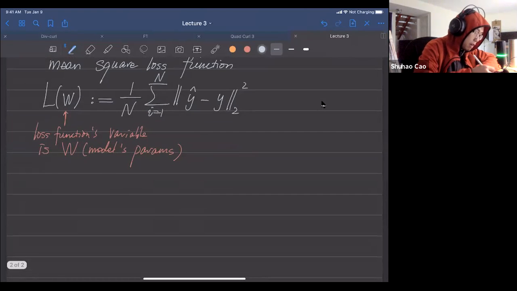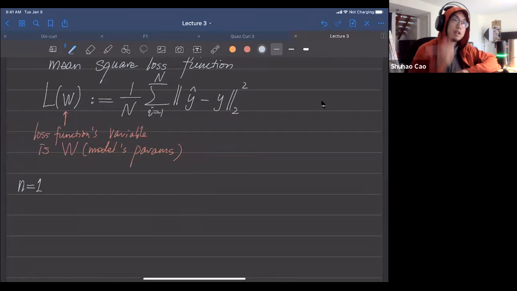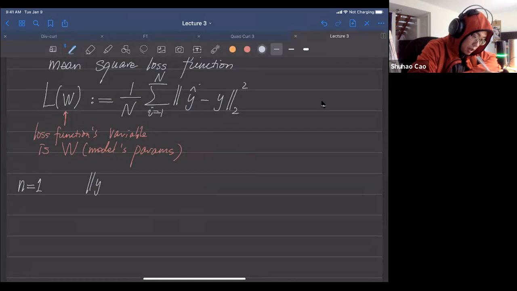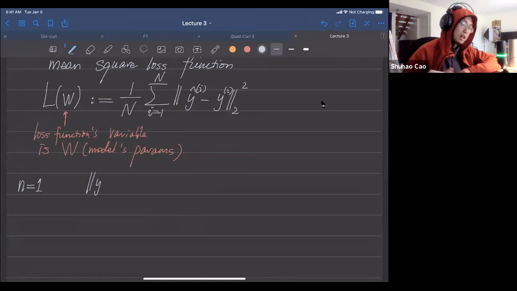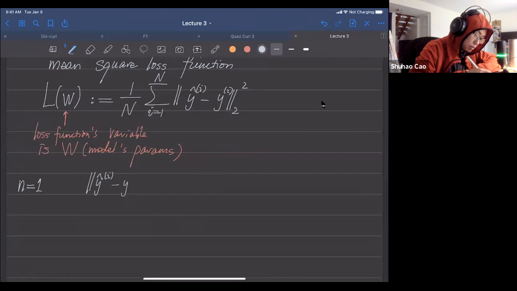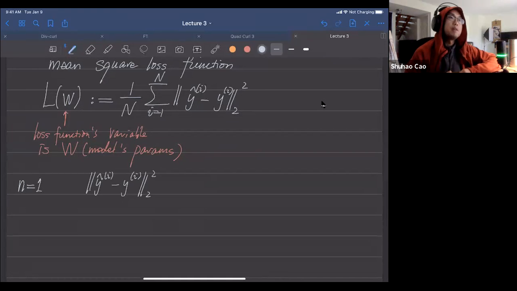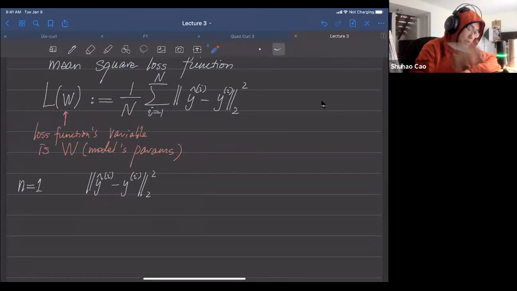If our dimension n is 1, then y hat and y, with superscript i on top, are both just scalars, just values.